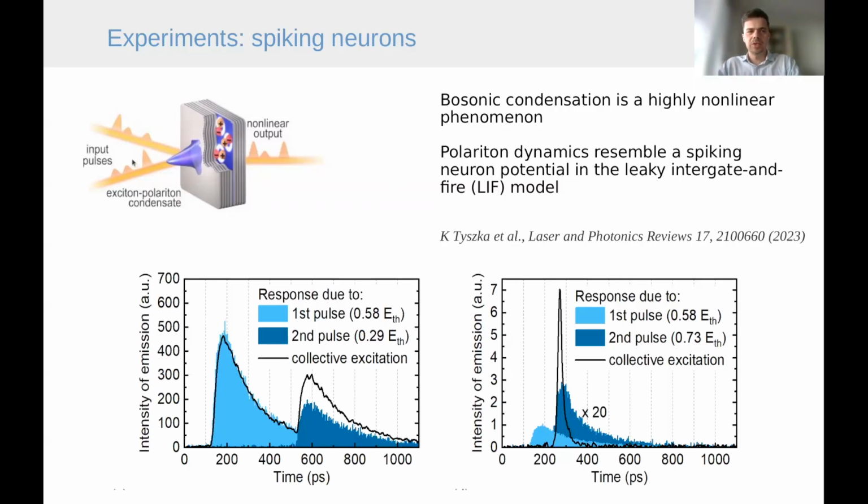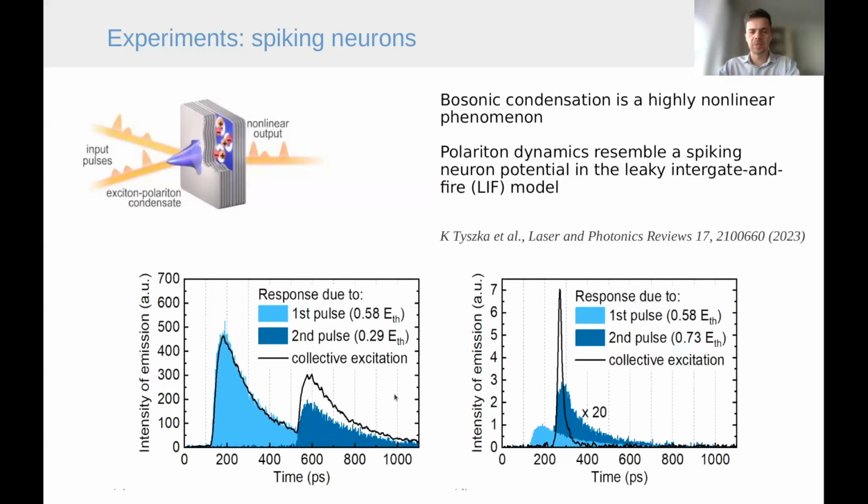So, for example, if we excite the polariton system with 2 pulses, we can go through the condensation threshold in density, and then obtain very high emission from the sample, but only when we cross some kind of threshold for the optical excitation that is acting on the sample.